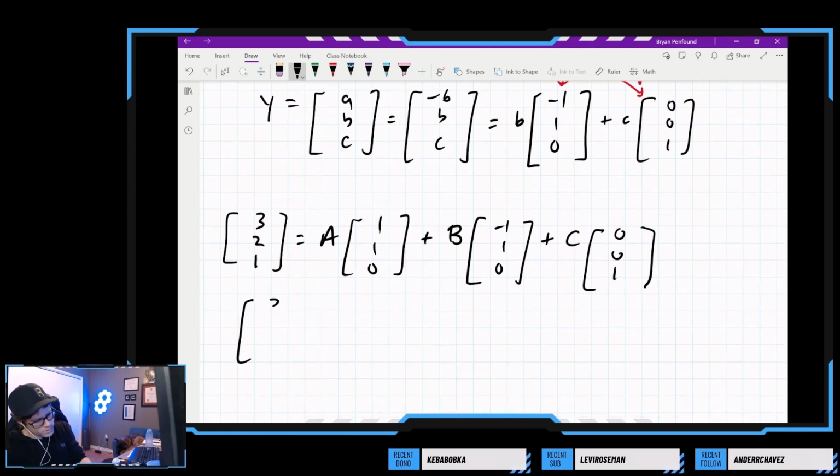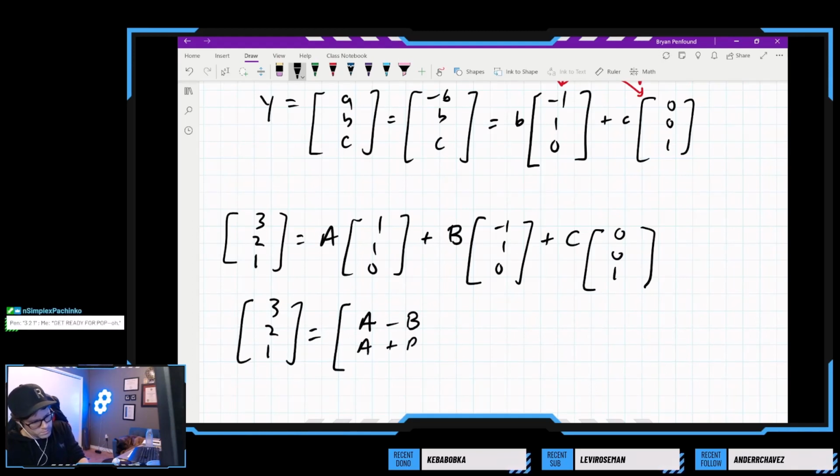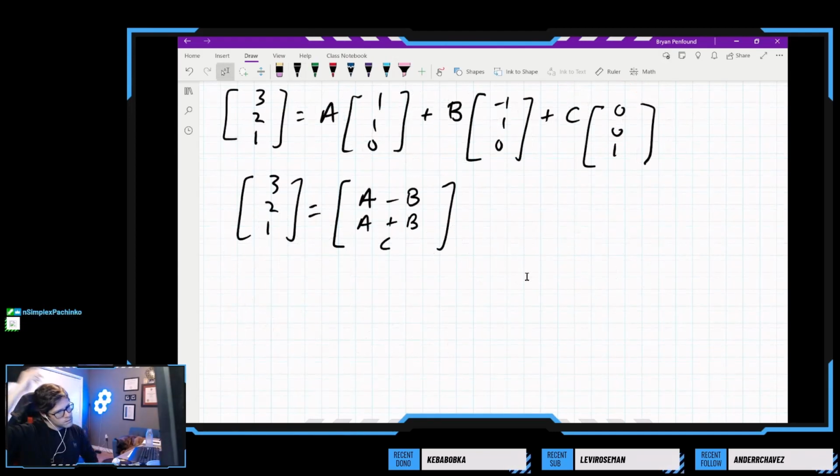So what we want is 3, 2, 1 to be written in the form A minus B, A plus B, and C. So we need C to equal 1.